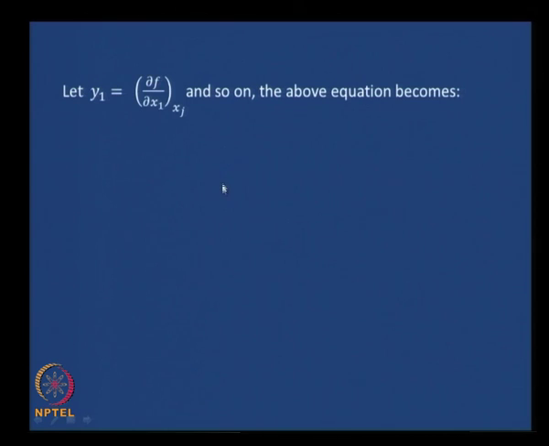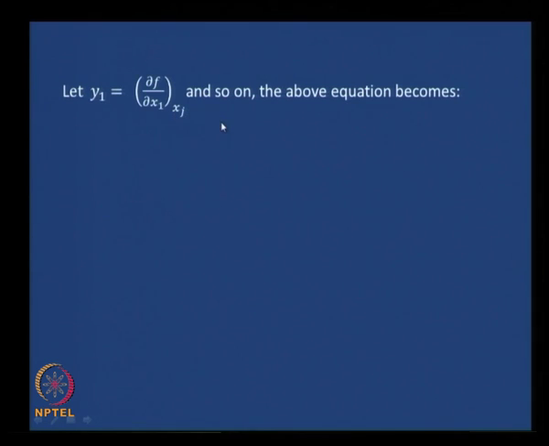Now, let us take those partial differentials, dou f by dou x1 at constant xj, dou f by dou x2 at constant xj and so on, and replace them with another symbol for easy manipulation. Let us say that y1 equals dou f by dou x1 at constant all other xj's.